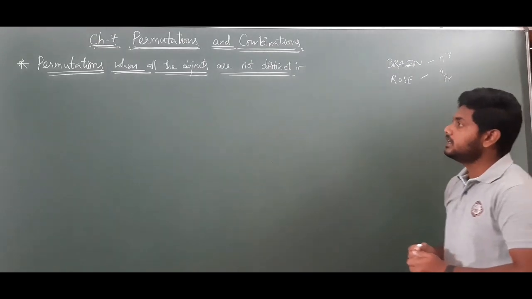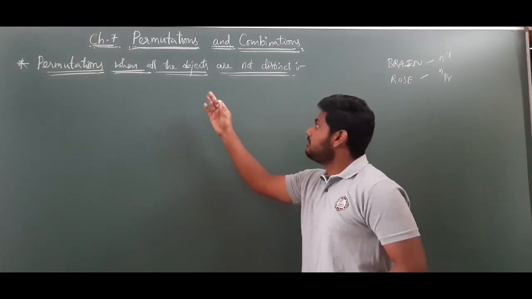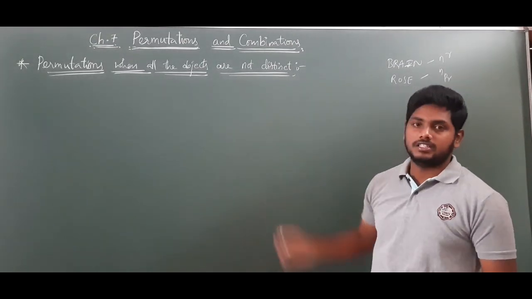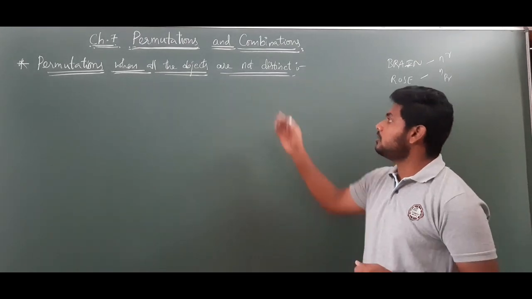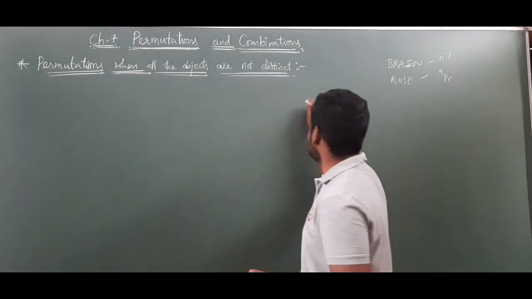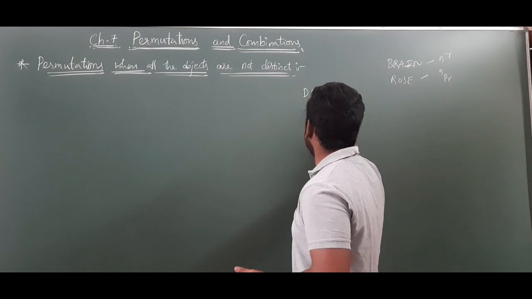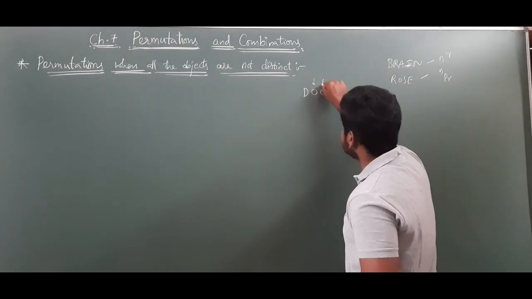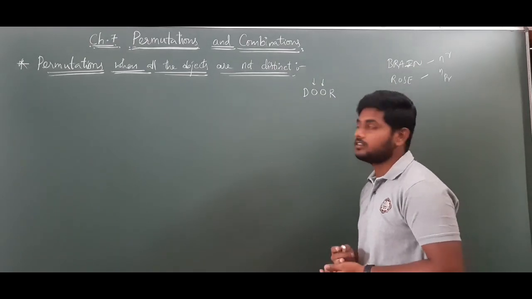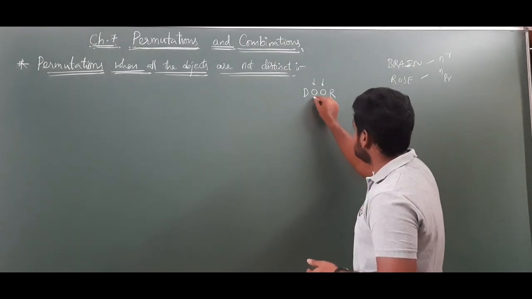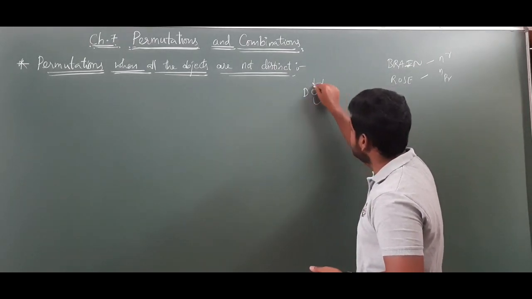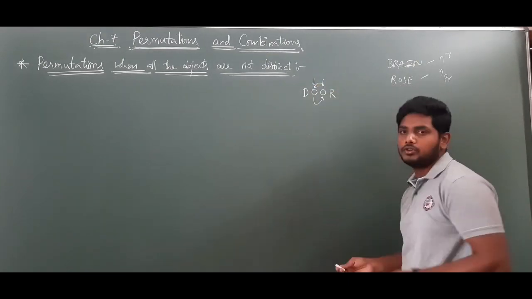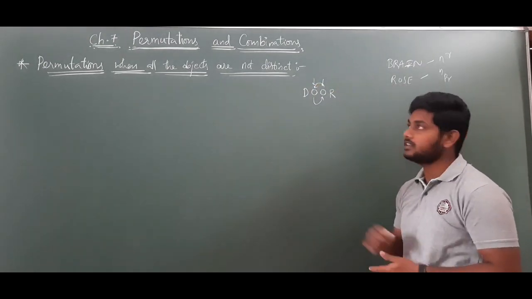Very simple. Now, permutations when all the objects are not distinct. Not distinct means, for example, if we consider the word door. In that, these two O's are the same or not? If you keep this O here and this one here, is there any difference? Both are the same when it comes to alphabets, right?